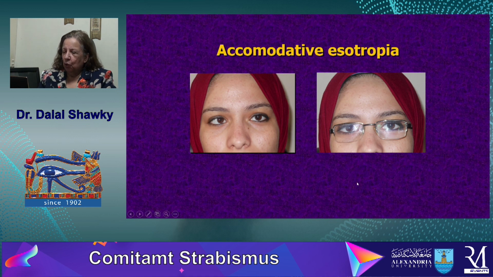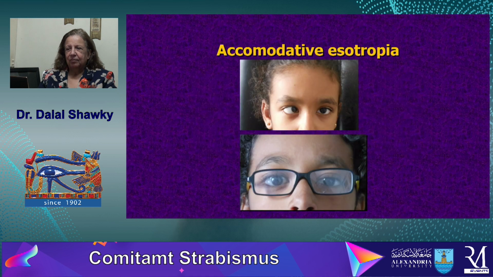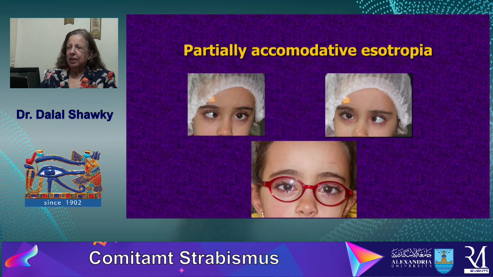No operation is required, or even the operation is contraindicated. Also, this one, accommodative esotropia, fully corrected by glasses, and operation is contraindicated. The only treatment is to wear the glasses all of the time.